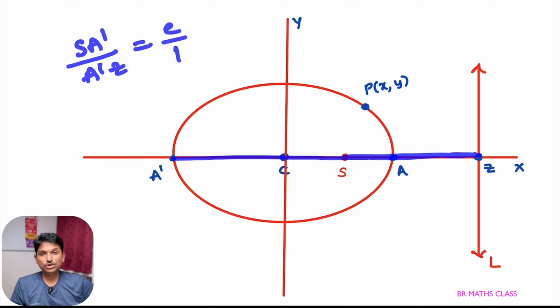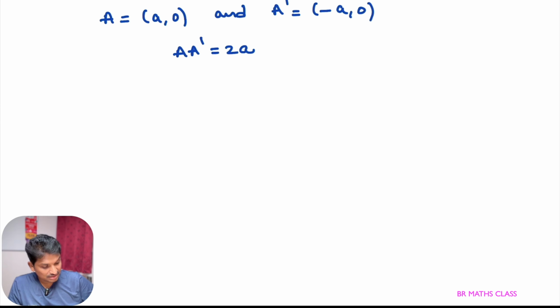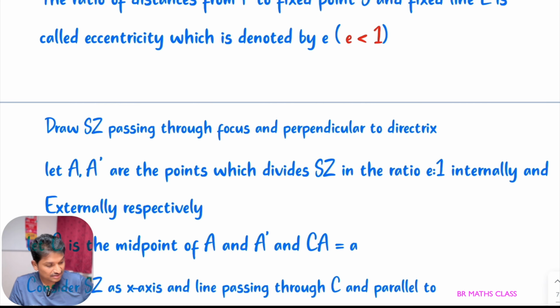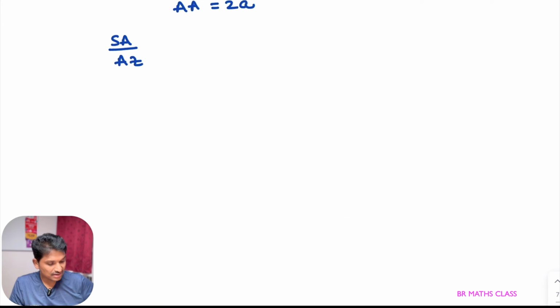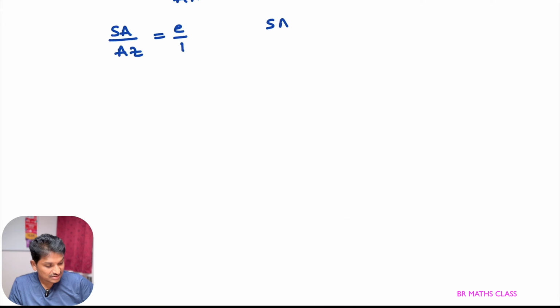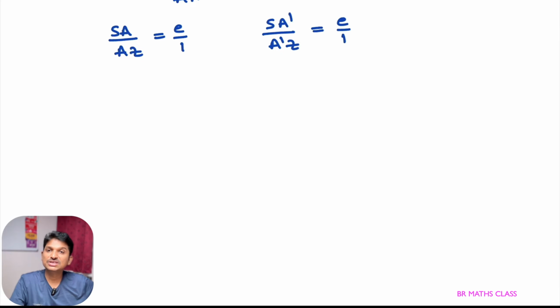So now I am going to write this step. What is that step? SA divided by AZ is E is to 1, and another one is SA dash divided by A dash Z. This we learn in the section formula, how to write internal division and external division.